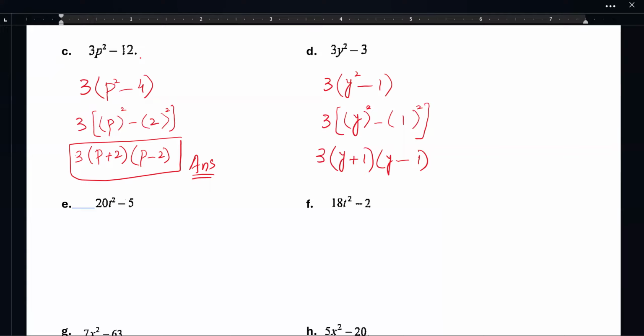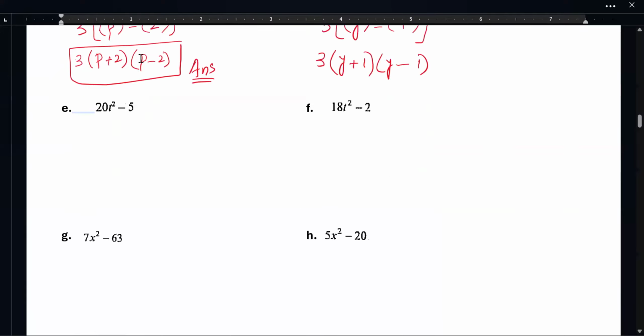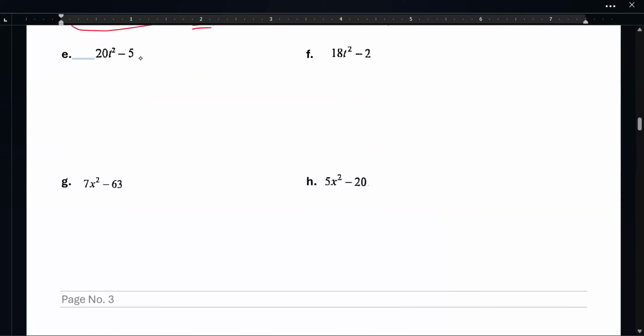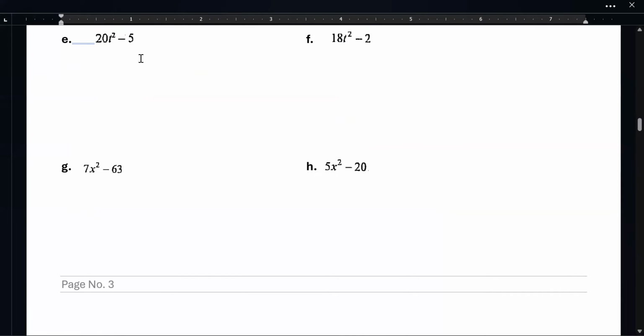Okay, let's move on to the next part, E. In this part E, again, the issue is the same. You must take something common. That is 5. That's going to be 4t squared minus 1. We got two terms. Now we try to discover what should be covered under the square.